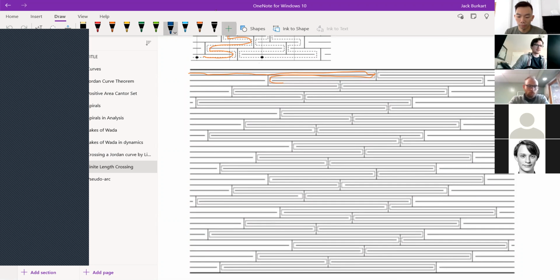I did have to brush some details under the rug, but if you cross this, that means the intersection of this with the Jordan curve has positive length. You can pull back the measure to an actual unit interval and take the Lebesgue measure there, or do the Hausdorff one measure. So that's positive length. If the thing in blue is infinite length, then it can cross in a single point by this Riemann mapping theorem.